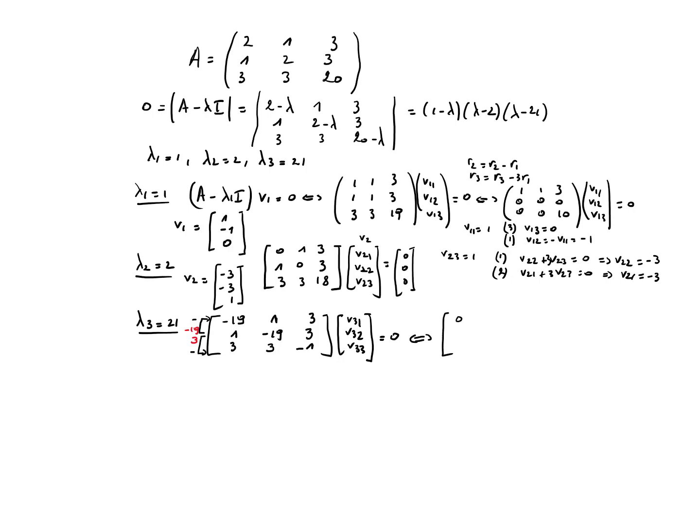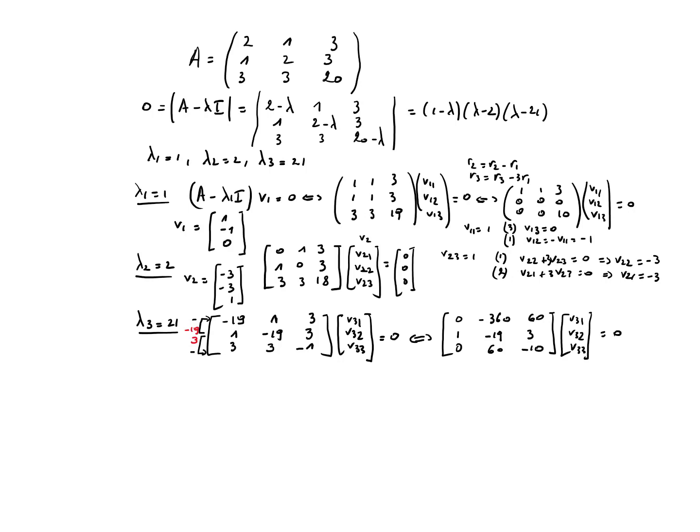So we'll produce zeros, and this can be seen as a pivot. Okay, so I will have minus 360 over here, 60 over here, minus 19, 3, 60, and minus 10, v31, v32, v33 is equal to 0.